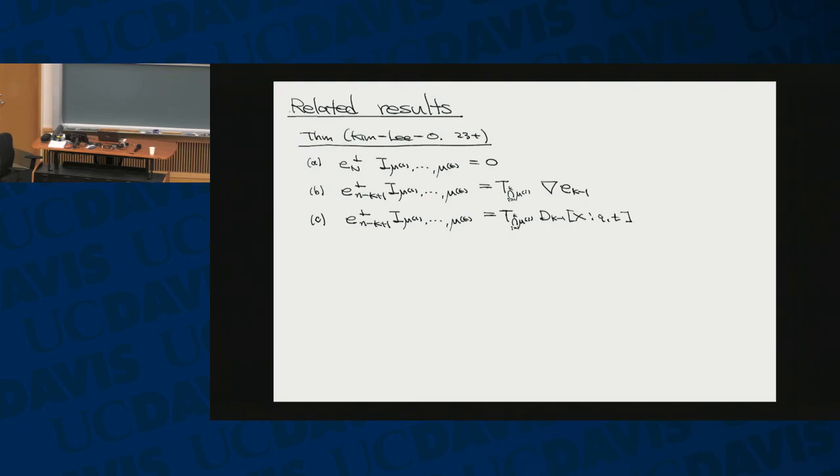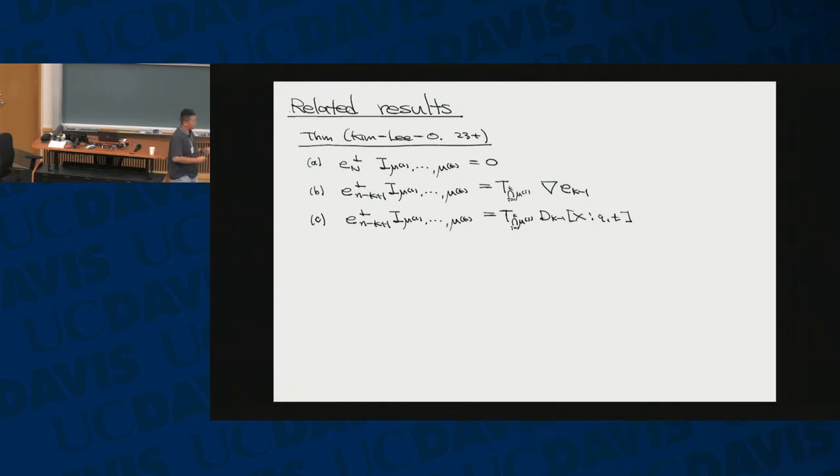This is not in my extended abstract, but I want to advertise my recent result, which has been on arXiv since June. So we have studied more properties of these Macdonald intersection polynomials, and we proved that if you skew this Macdonald intersection polynomial by e_n with n large enough, then you get some kind of vanishing property.